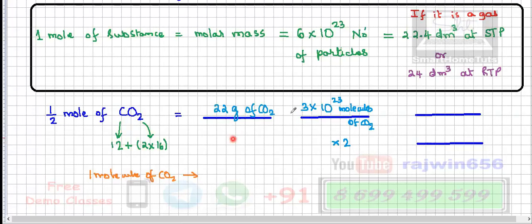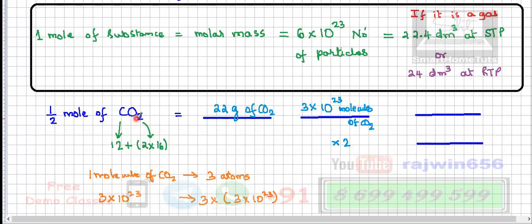This will be containing 3 atoms total: 1 atom of carbon plus 2 atoms of oxygen. Total number of atoms present will be 3 in one molecule of CO2. So if these many molecules are there, 3 into 10 raised to 23, this obviously will be multiplied with 3. 3 multiplied by 3 into 10 raised to 23. These many total number of atoms will be present in half mole of CO2.